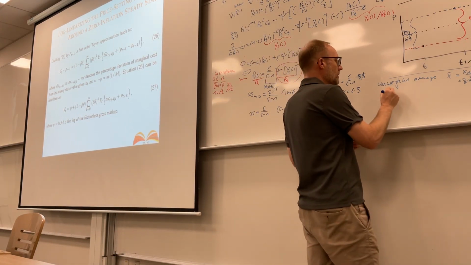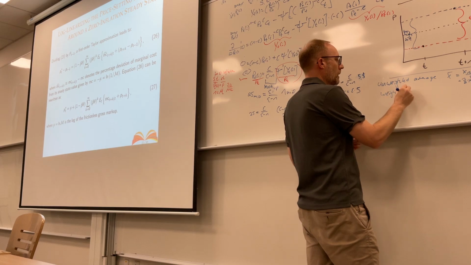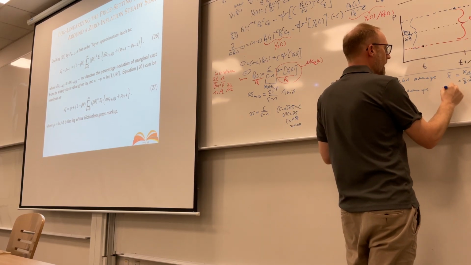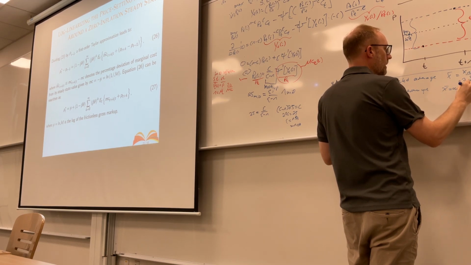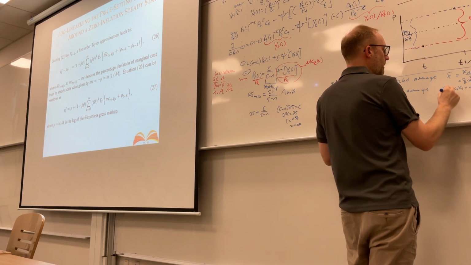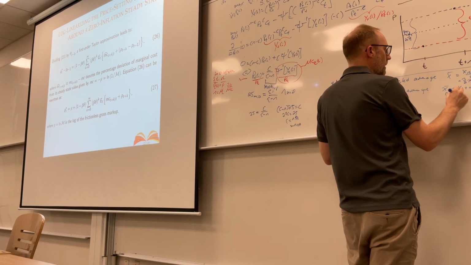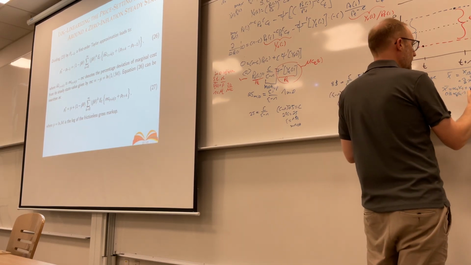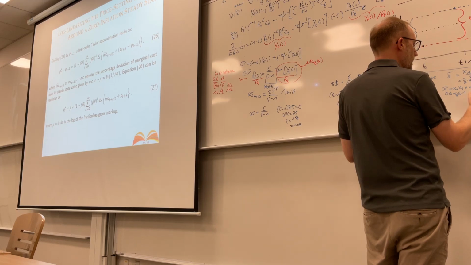What would a weighted average be? You could write this as alpha 1 x1 plus alpha 2 x2, where these alphas are between 0 and 1, and they sum to 1.